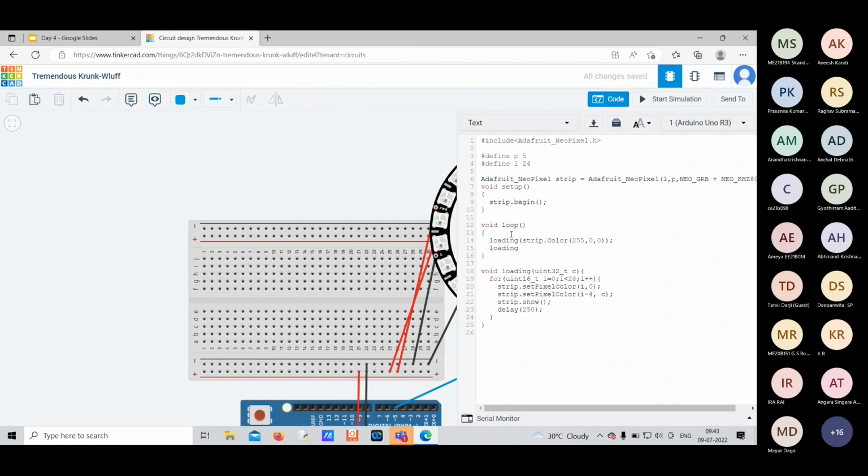Then it was blue, if I go towards the right. Oh, this is green. RGB. So let me get 20, 45 here.